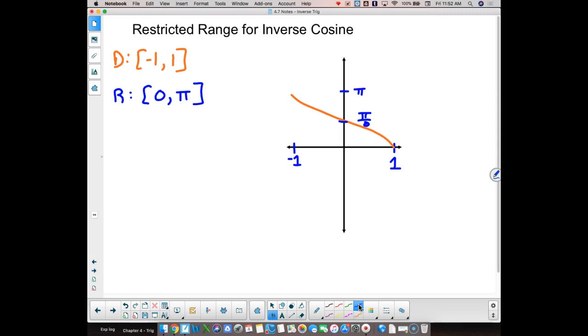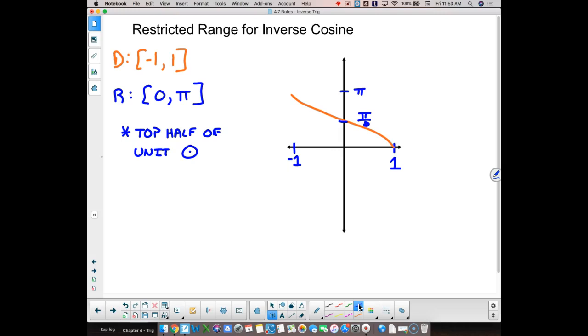Which, if I'm looking at my unit circle, is which part of the unit circle? 0 to pi. The top half of the unit circle. So inverse sine is the right side of the unit circle.